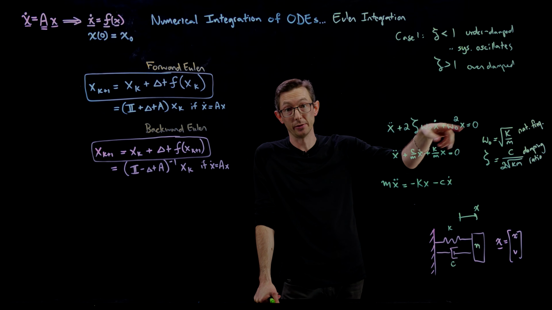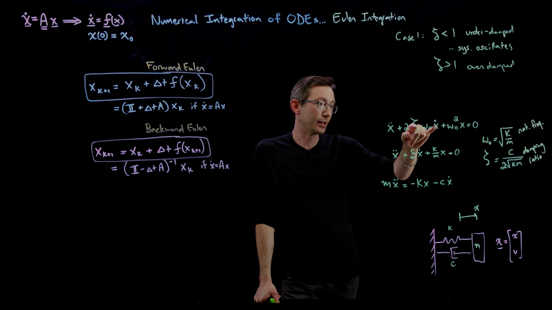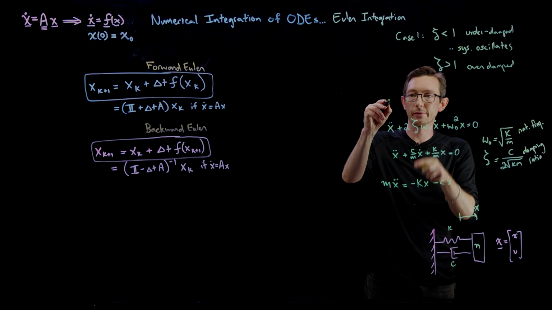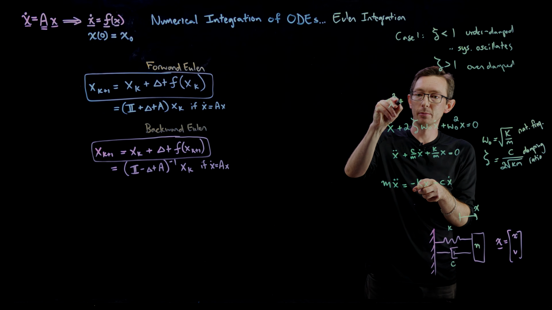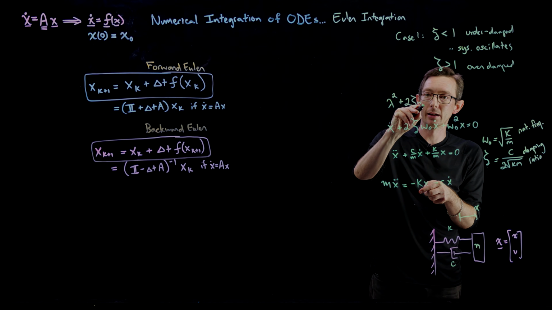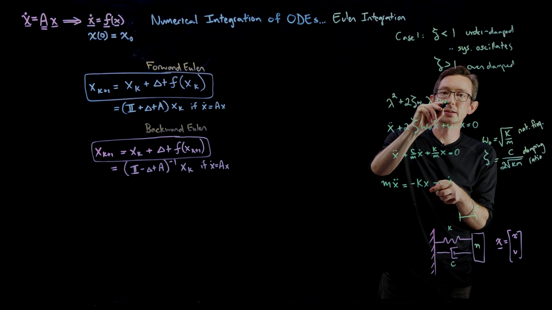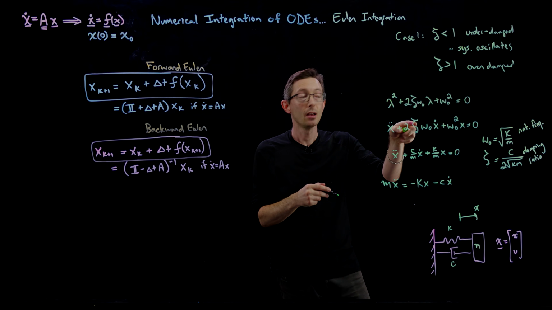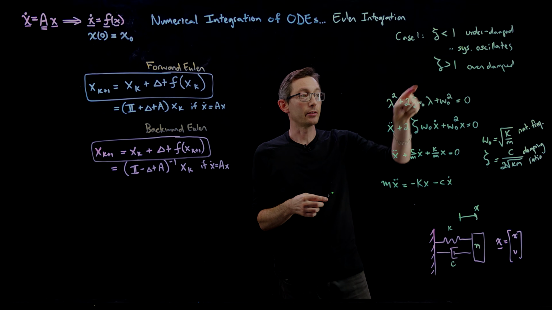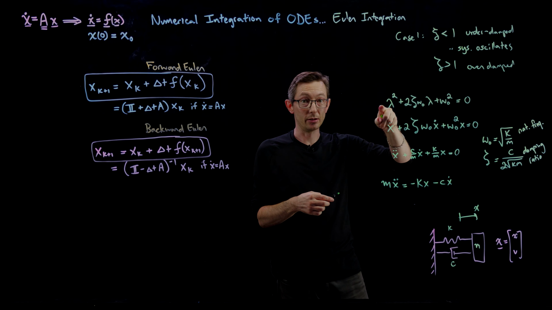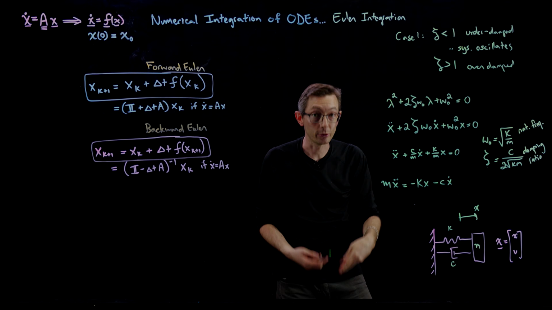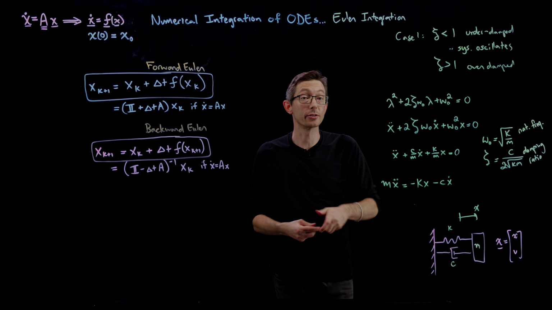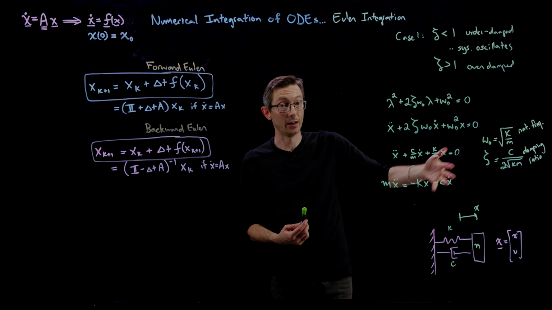The roots of the characteristic equation, the roots of the quadratic: if I wrote this down in characteristic form, lambda squared plus 2 zeta omega naught lambda plus omega naught squared equals 0, and I solved for lambda, for zeta greater than 1 the roots have no complex conjugate imaginary parts, and so there's no oscillation, there's no sine and cosine to that behavior.